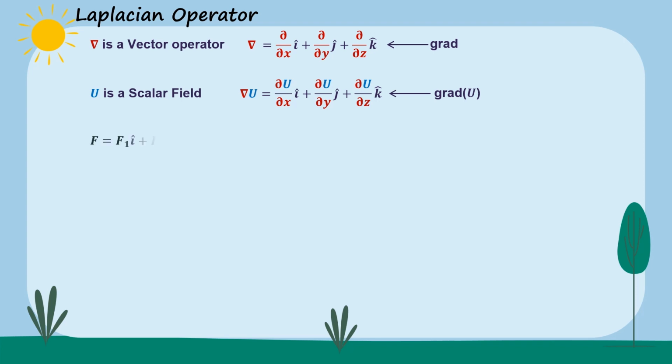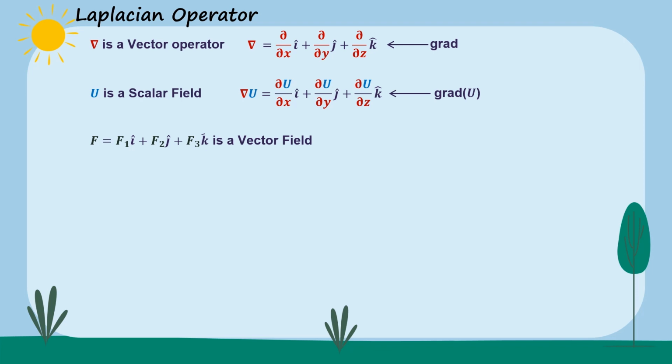Let's go ahead. Now we consider a vector field with components f1, f2, f3. We cannot write grad f because it's undefined. So it should be written as grad dot f or grad cross f. Grad dot f is called divergence of f, and grad cross f is called curl of f.